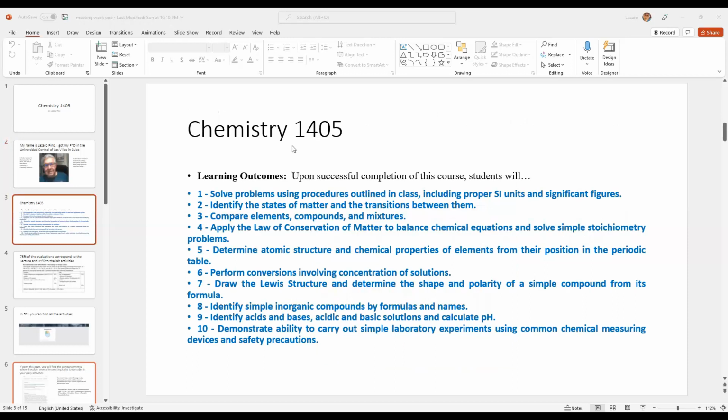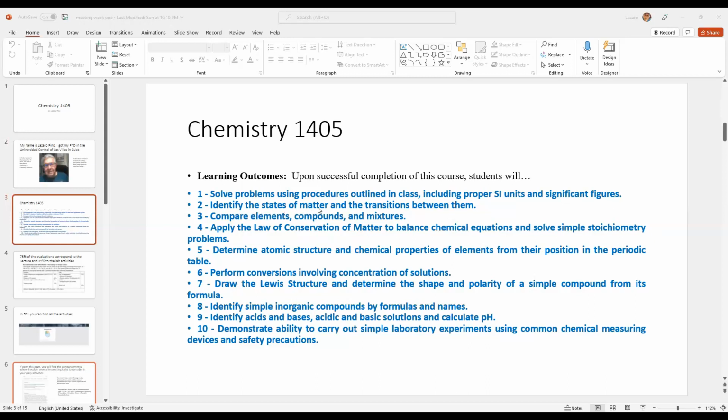Chemistry 1405, what are you going to do during this class? Well, you're going to solve problems using procedures online and in class, including the proper international system units and the use of significant figures.